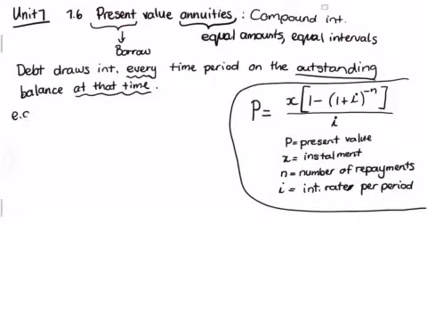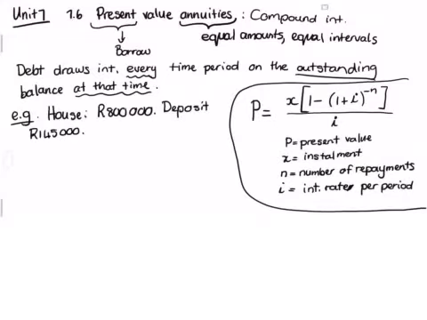Right, let's do an example. You buy a house. It costs 800,000 rands. But usually you pay a deposit. So you're paying a deposit of 145,000 rand. So you've got to bear that in mind. You are not going to pay any interest on the 145,000.